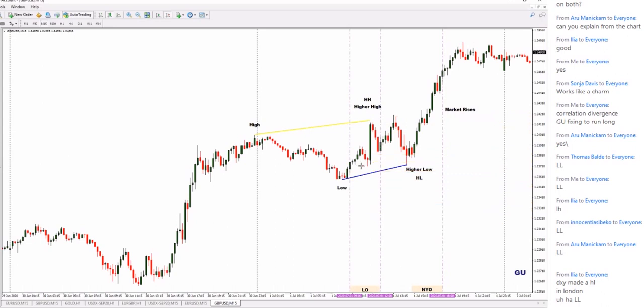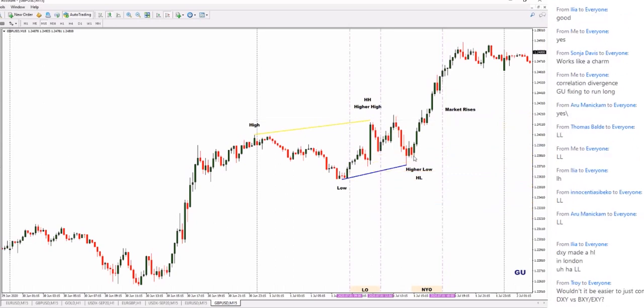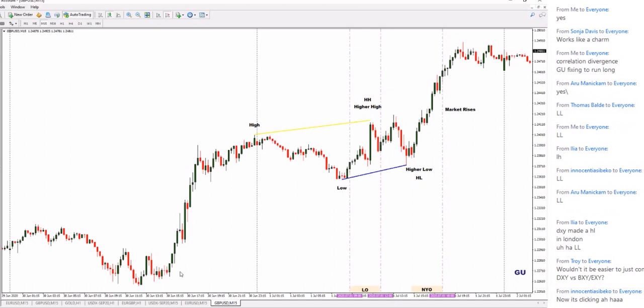Wouldn't it be easier to compare the DXY versus, well, you're comparing indexes then, right? But we're looking at trading the currencies, right? So we have the dollar versus EU and the dollar versus the pound.